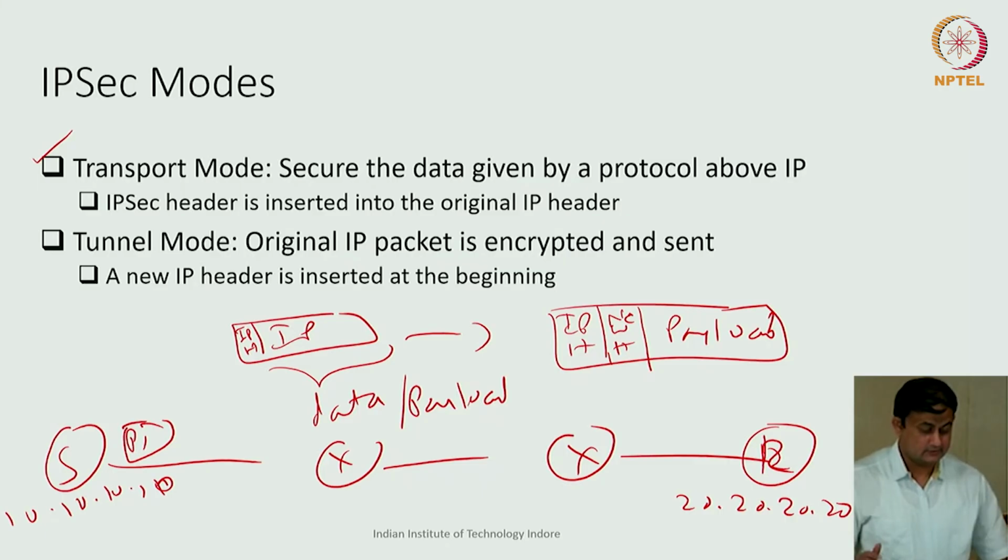Who is the sender and who is the recipient, those fields are not modified inside this header. Those are the source and destination IP addresses.